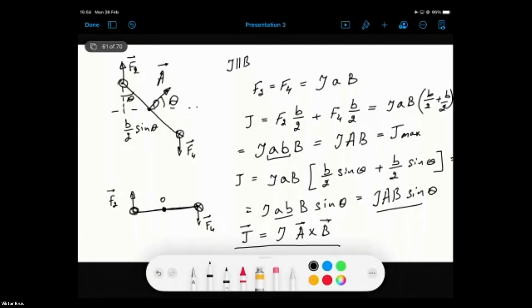So this is the short summary, and further we will proceed with the calculation of the magnetic moment of the current loop, but that will be our next discussion.